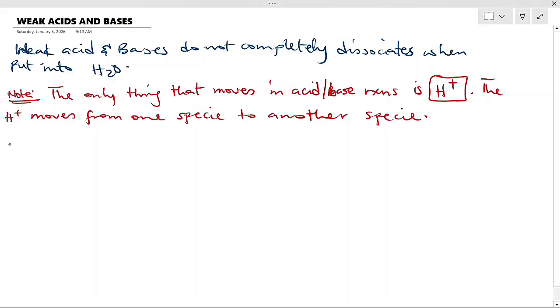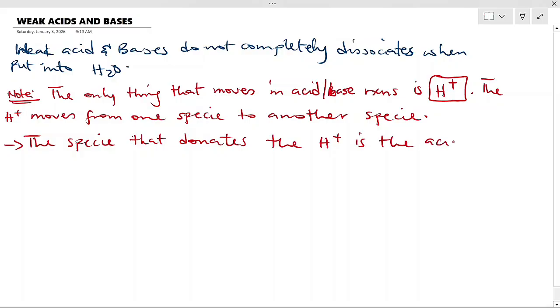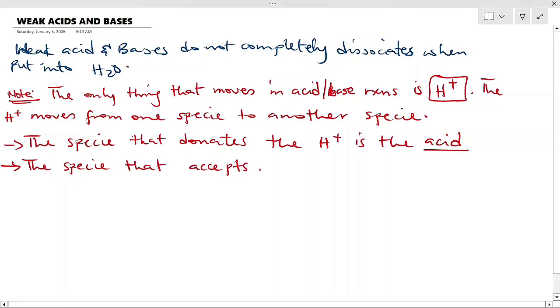Okay, so the species that donates the H plus is regarded as the acid, while the species that accepts the proton, or H plus, is regarded as the base.